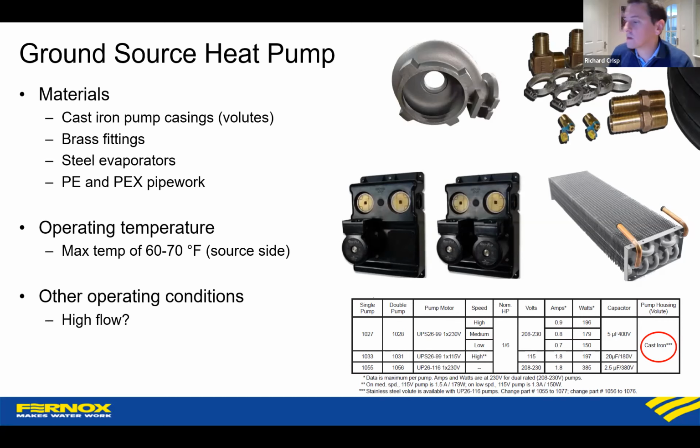So when you look at the different components, and I have to thank Jeff for some of the information here: various brass fittings, probably a stainless steel evaporator. It's not going to be damaged a huge amount. One of the main causes for concern is the pump casings for loops, which are more often than not cast iron, which is a concern even in a cold system.